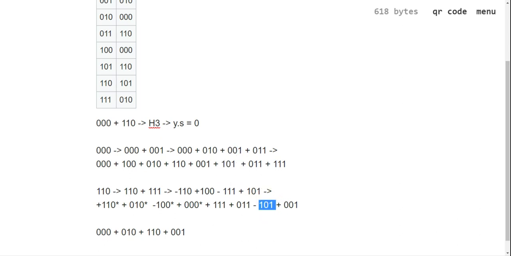101 and 101 get cancelled, and then 011 is in here. So I cancelled this one already, and this I already also used.